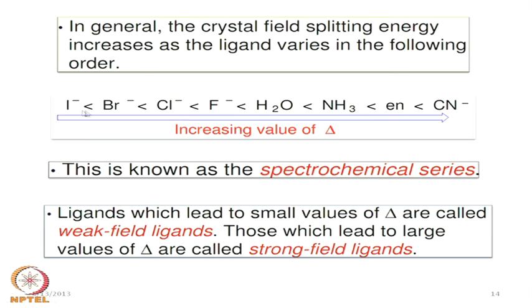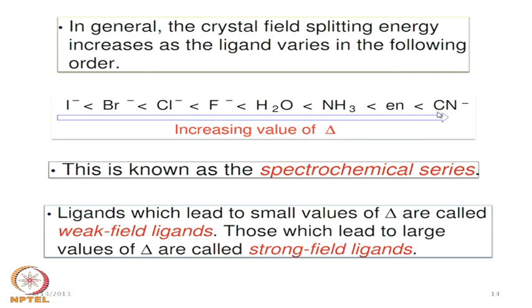So, iodide ion and bromide ion are weak field ligands. Whenever they form a complex, they provide a very small delta value, and the corresponding electronic transition can also be correlated with the very small delta value of the complex.